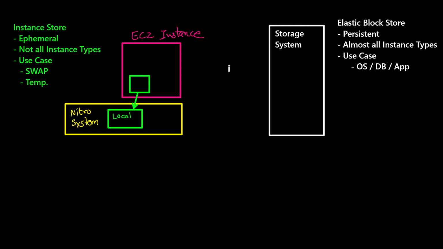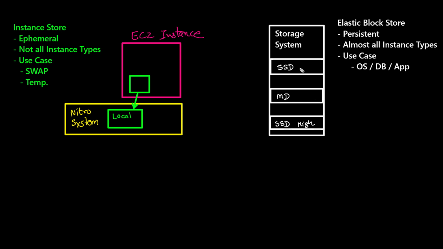Now, this storage system can have, or will have, multiple types of disk and multiple types of capabilities. Maybe it is made up of SSD based disk, maybe it is made up of magnetic disk, maybe it is made up of SSD which is of high performance. It may have SSDs which are of standard performance, so it depends.